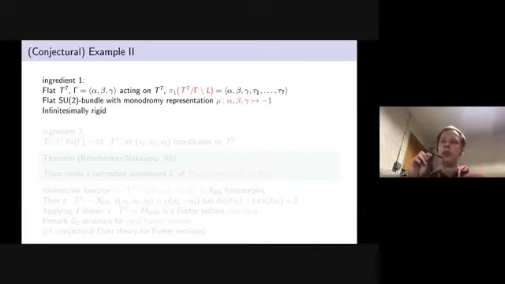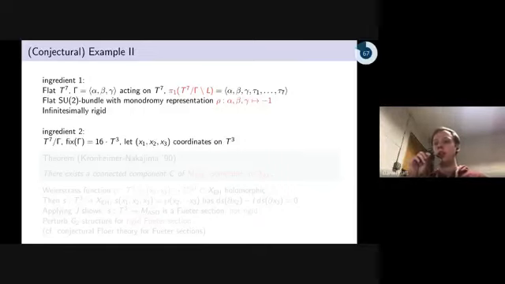So that's our first ingredient, that's the G2 instanton. The second ingredient is the Fueta section. So on T7 mod gamma, we have that the fixed point set of gamma is 16 disjoint copies of T3. So flat 3 torus.